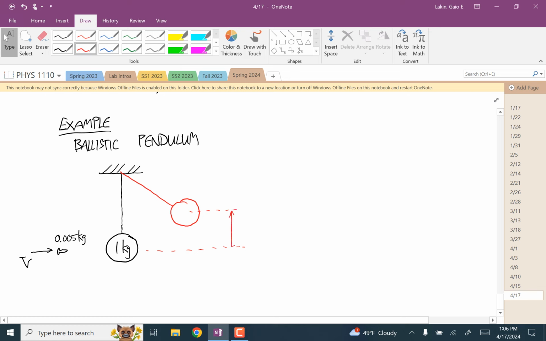You can just be watching the wall and see how high this block swings up. Let's say that it swings up a height of 0.4 meters. What was the speed of the bullet?